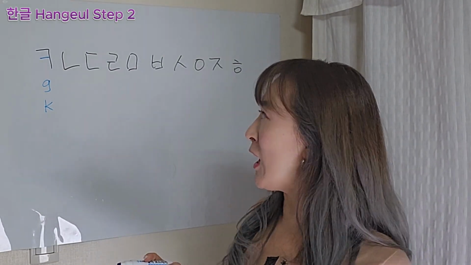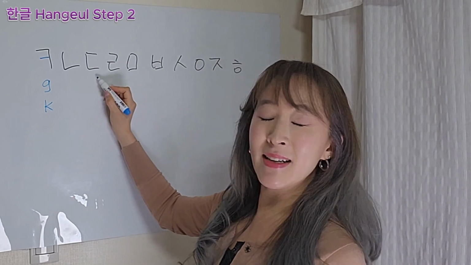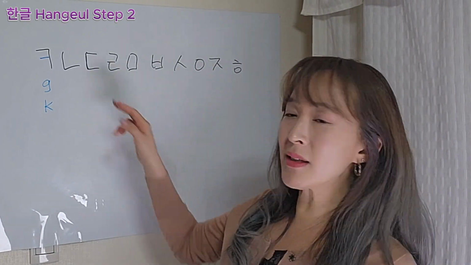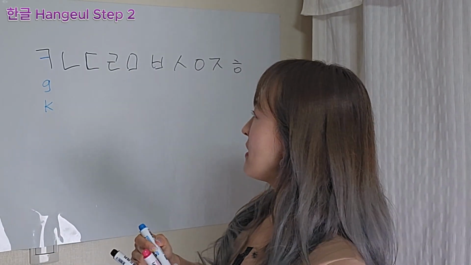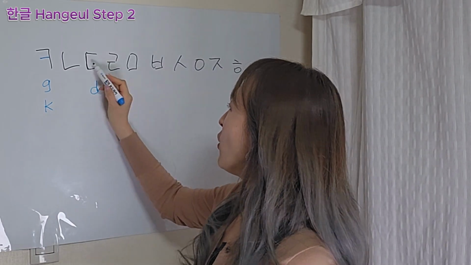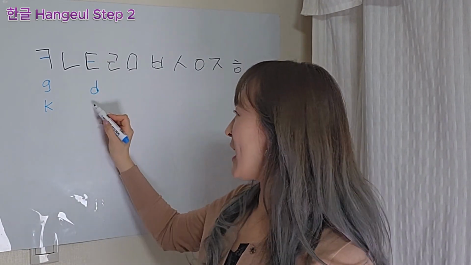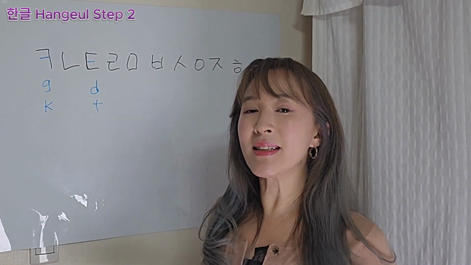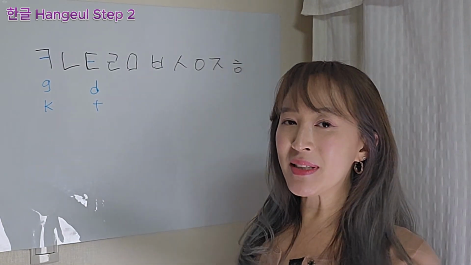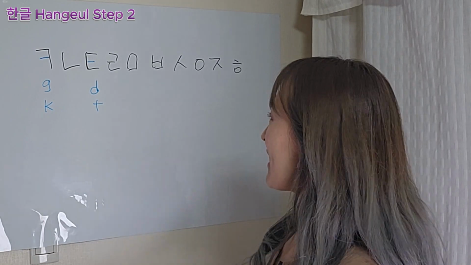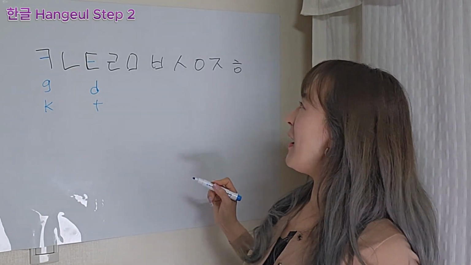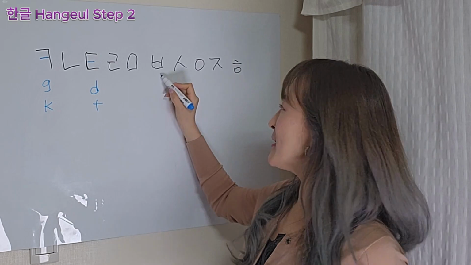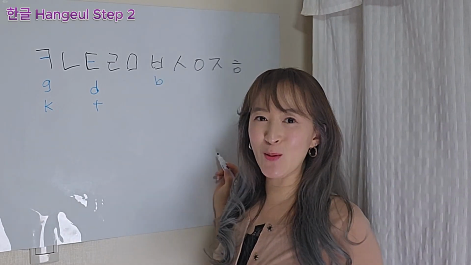So stronger sound. And the next one, and remember, digeut had the d sound. So now with this added, it has the t sound. Tigut. So t, right? And moving on to bieup, which was the b sound.